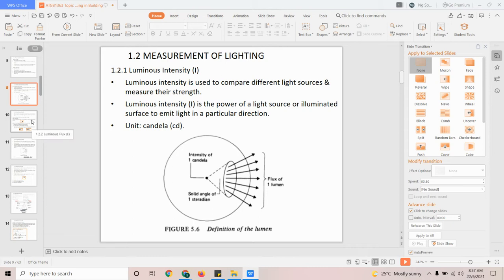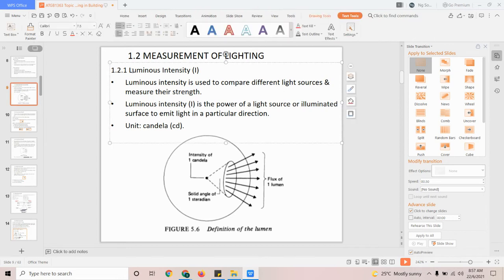First, you want to understand a bit of the different properties of lighting. The first one we have is the luminous intensity, meaning how bright a light is compared to another light source. The unit for this is the candela, represented by cd.